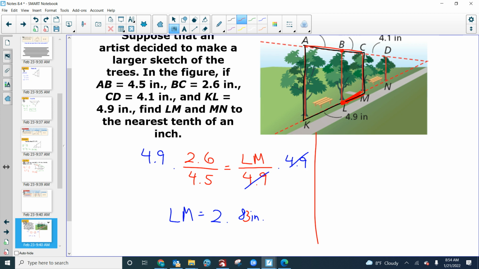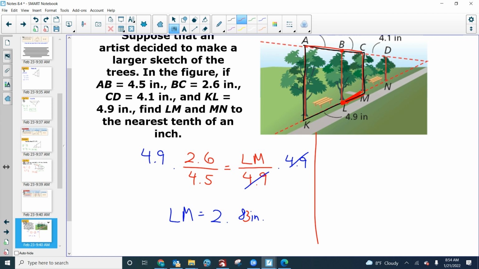Have you heard of compounding rounding error? If you keep rounding something over and over in repeated calculations, it's going to get worse and worse, with more error, farther off from the true value. So it's good to take it farther in the decimals along the way. And then for the final answer, if they ask to round to the nearest tenth, I'm going to put 2.8. But when I use it in this calculation, I'm going to call it 2.83.